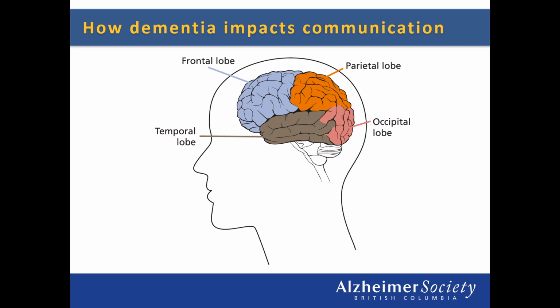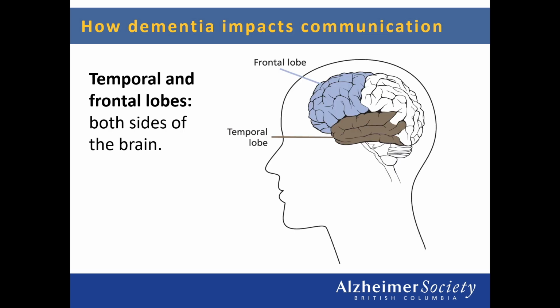You can think of the brain as made up of 4 regions or lobes on each side of our brains. The frontal lobes are just behind the forehead. The parietal lobes sit at the top and center above the occipital and temporal lobes. The occipital lobes sit at the back of the head, and the temporal lobes sit just behind the ears on each side of our head.